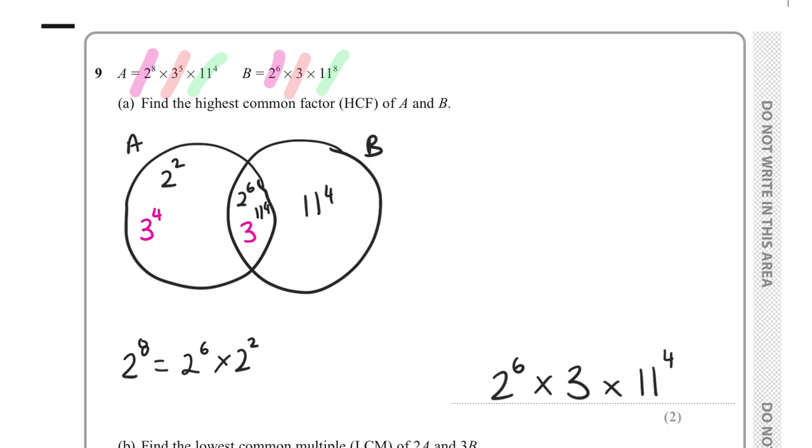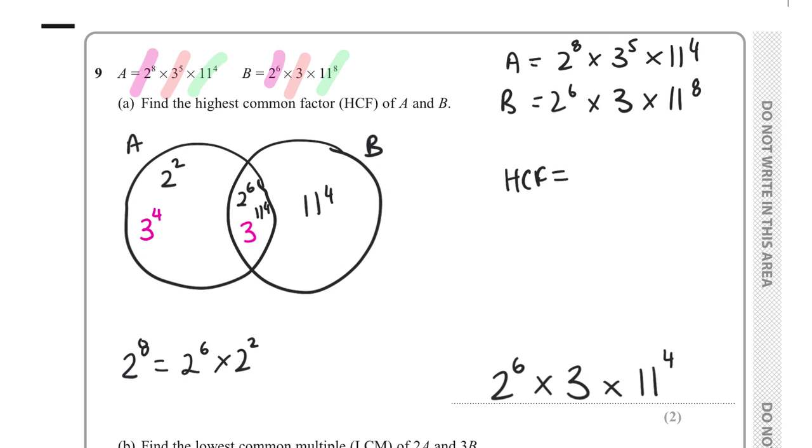So, just quickly, if we have A, 2 to the 8 times 3 to the 5 times 11 to the 4, and B, 2 to the 6 times 3 times 11 to the 8, for the highest common factor, we look at the lowest power of a common base.